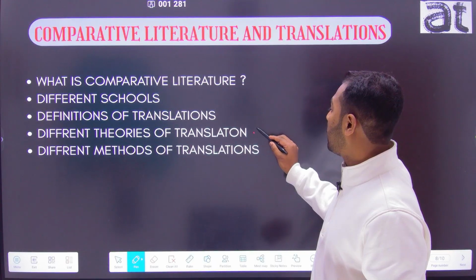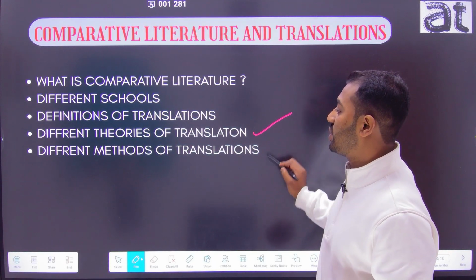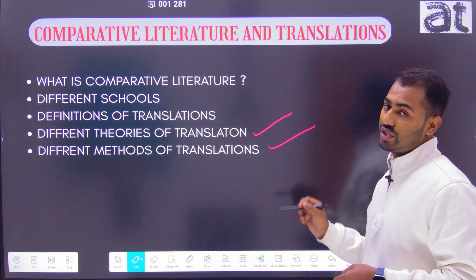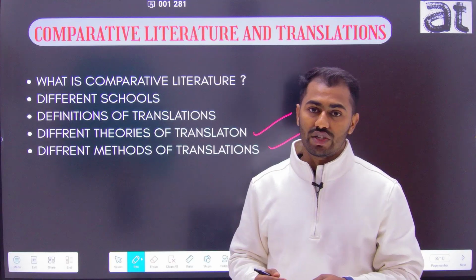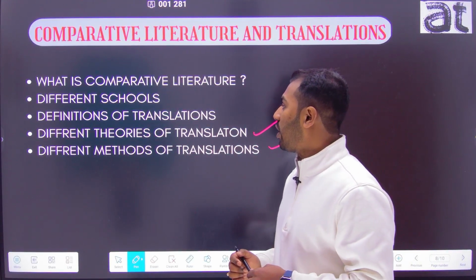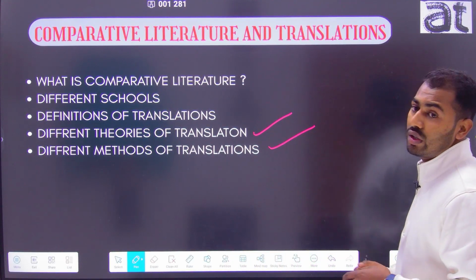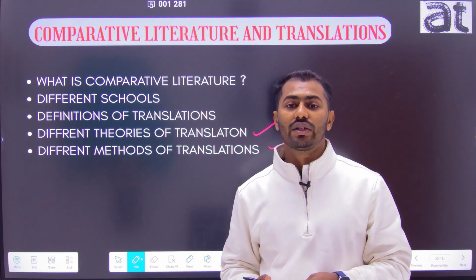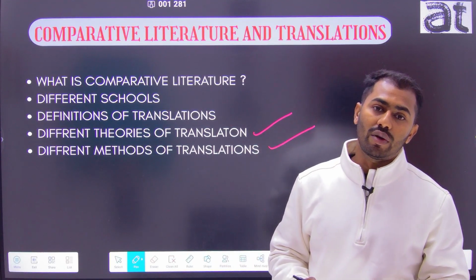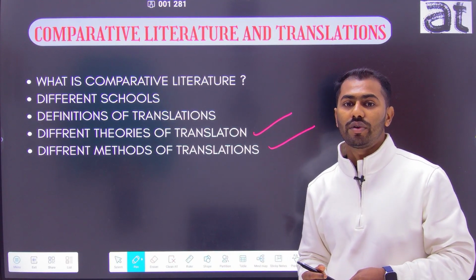We will also cover different theories of translation and different methods of translation like language assisted method, grammar translation method. We will also talk about the important works which were translated by different important authors from the ancient time to the modern period.